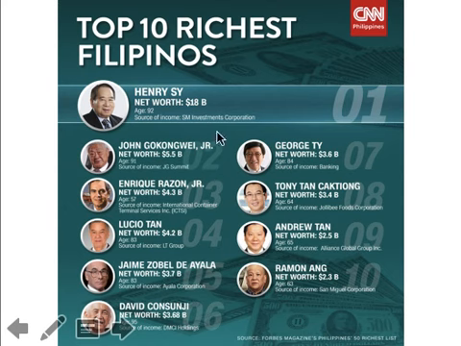So the difference between 18 and 6 is 12. So Henry C. is $12 billion richer than John Gokongwei Jr. And at the same time, the ratio between the two values will make sense.